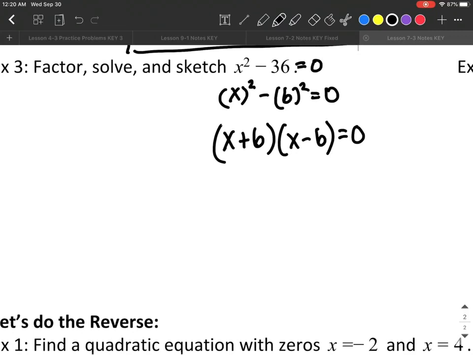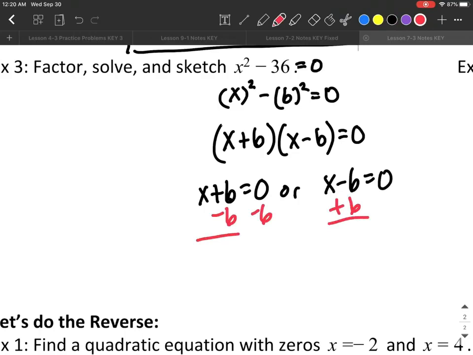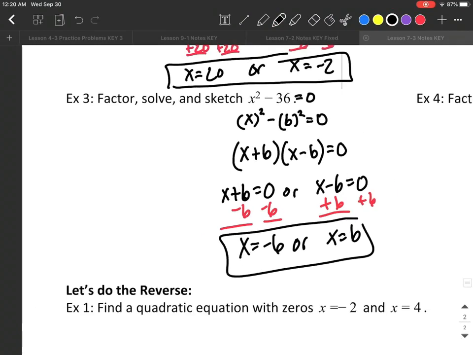That tells me I can write two equations here. I know one of these two things has to be 0. So I can say either x plus 6 is equal to 0 or x minus 6 is equal to 0. And then I solve those two, subtract 6, add 6. And I got x is equal to negative 6, or x is equal to 6. Done.